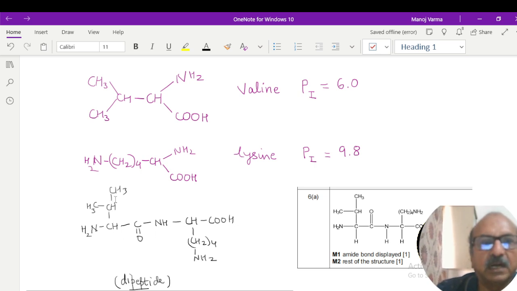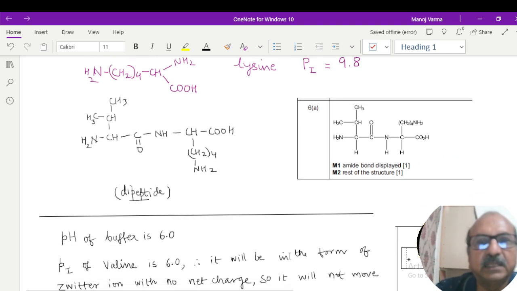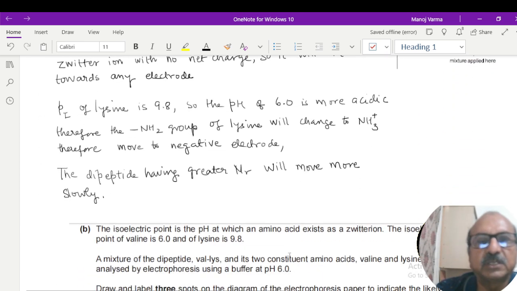So the R groups you can show vertically upwards or downwards, and the NH2 and the COOH group you should show at the left and the right corners, and CONH linkage is in the middle. This is how the dipeptide structure is drawn, and this is the answer from the mark scheme, which is same as this answer.